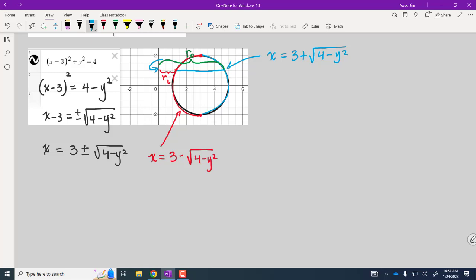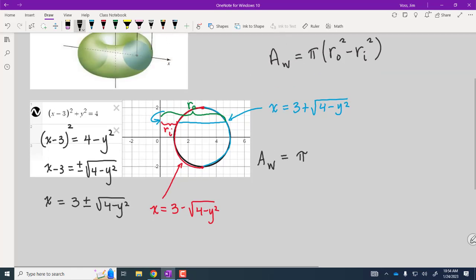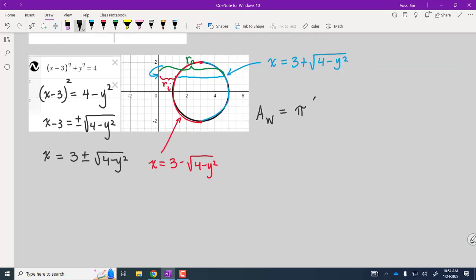Okay, so now we can build our washer formula. The area for a washer, we know that it's, oh, I already wrote it up there. Yeah, let's just write it again right down here, so it's close by. So area will be pi multiplied by r outer squared.